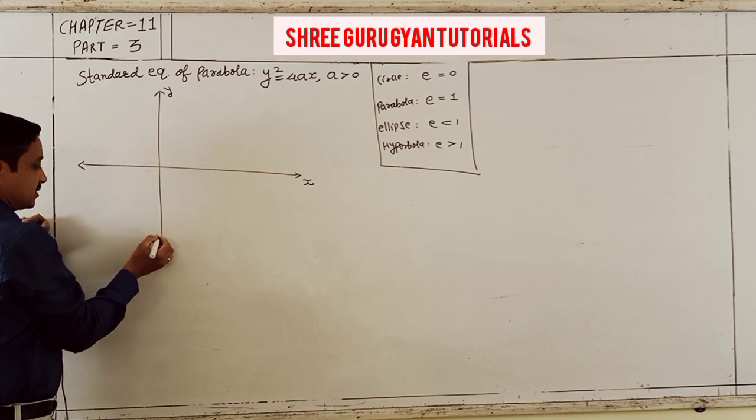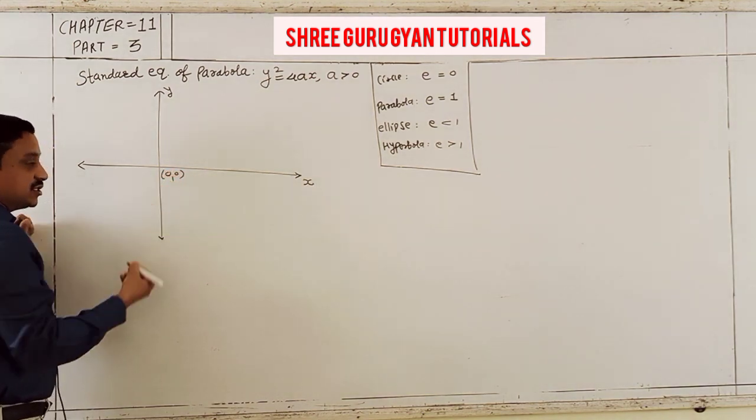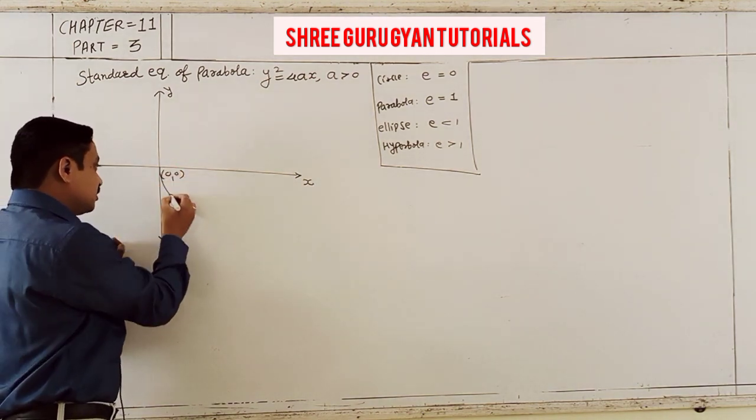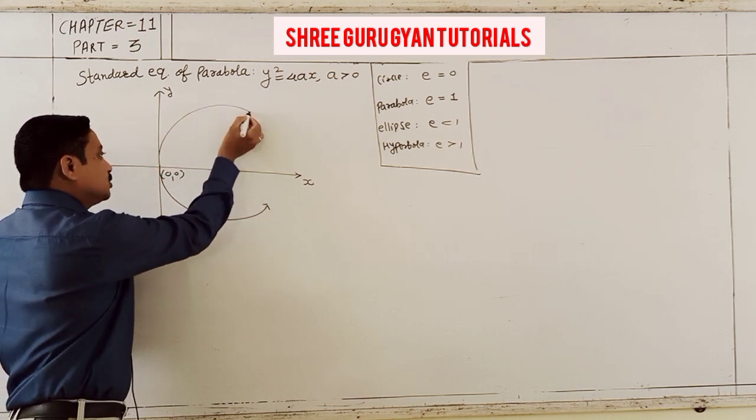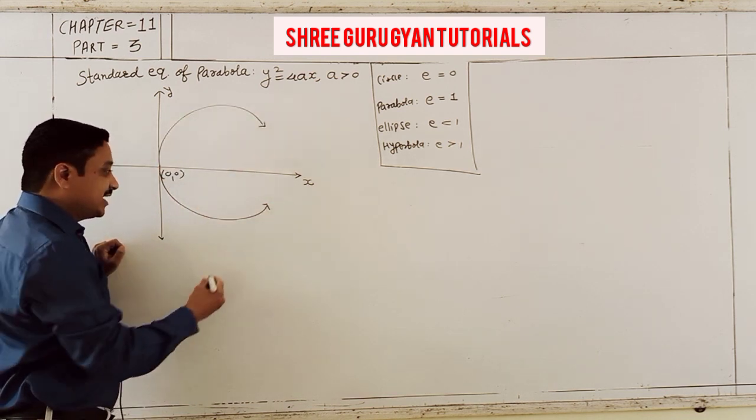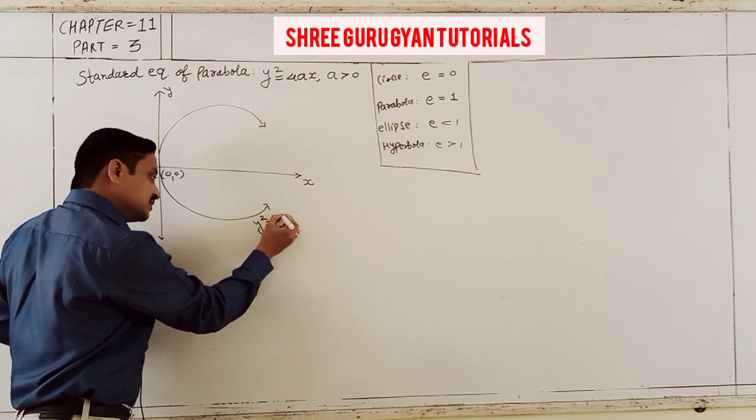X-axis, y-axis, origin. There is a vertex, and here one curve is moving in the positive direction of the x-axis. That is your y square is equal to 4x curve.